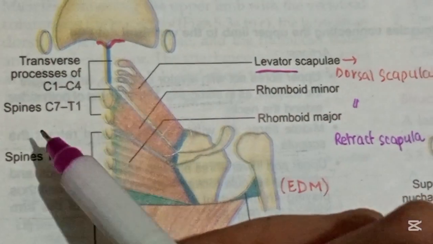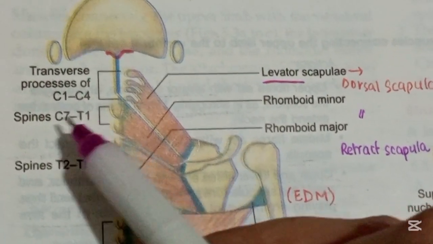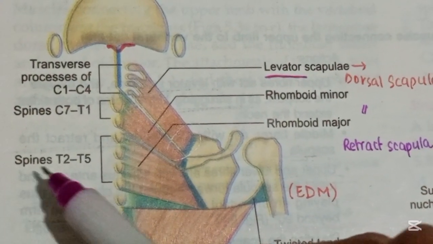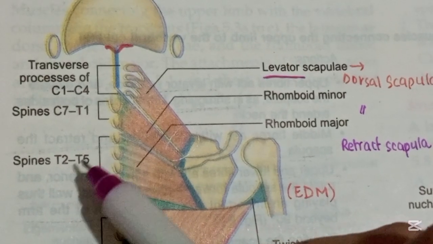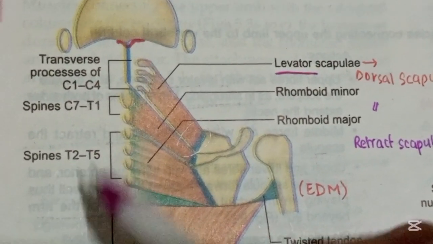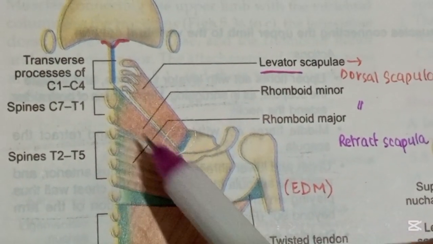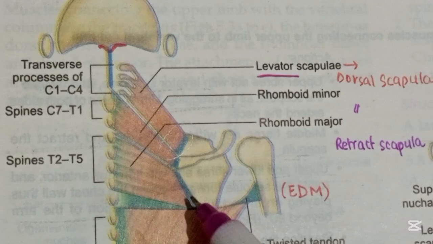Next is our rhomboid minor muscle, and it originates from the spines from C7 to T1, whereas the rhomboid major originates from T2 to T5. The next number from T1 is T2, so one is above and the other down. Here they are inserting into the same medial border.